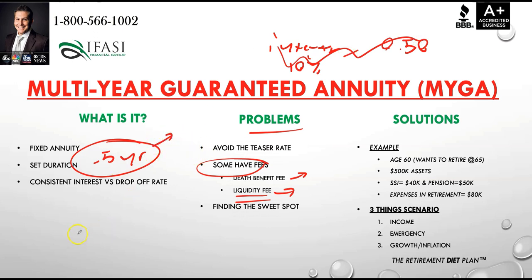So whenever you're setting up a multi-year guaranteed annuity, be mindful that, conceptually like a bank CD, you want to go in there and make sure to leverage that account for however long that duration is set up for. You don't want to set it up in, let's say, a 5-year or 7-year MYGA, and then all of a sudden after 3 years, you want to try to fully remove your monies, because you get penalized with different surrender charges and surrender schedules because you didn't abide by the terms of the contract you originally set up.